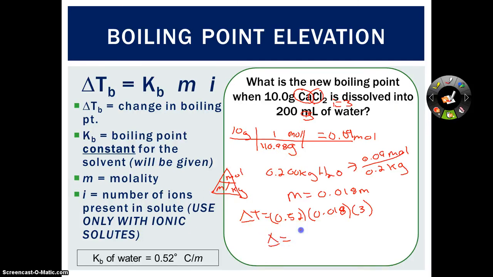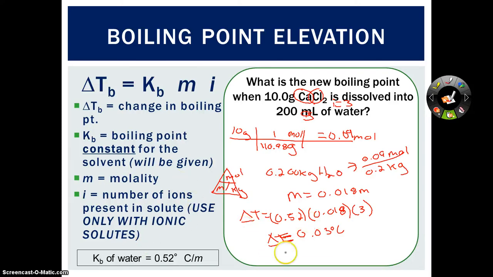Delta T equals 0.03 degrees Celsius. Not a huge temperature change here, because that is a relatively small amount of calcium chloride.